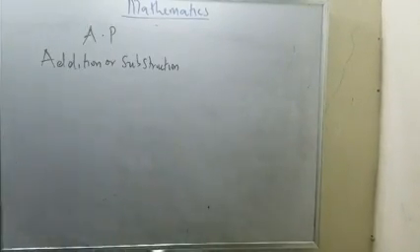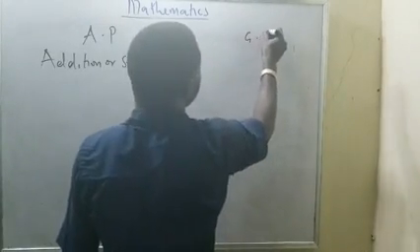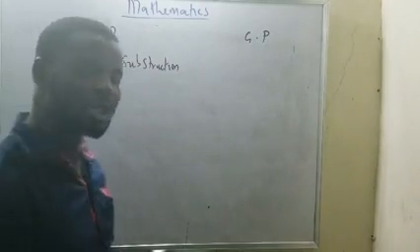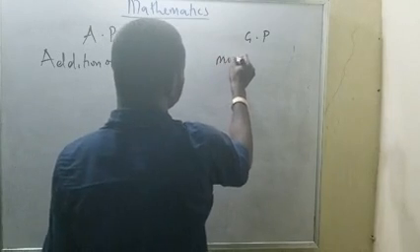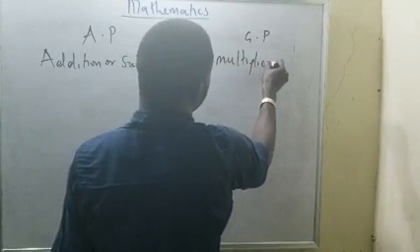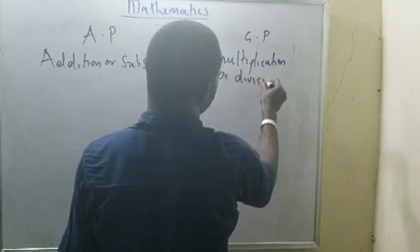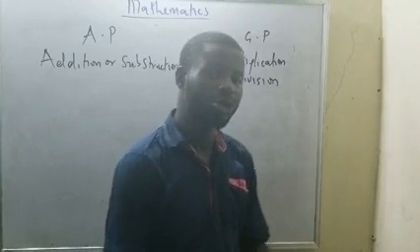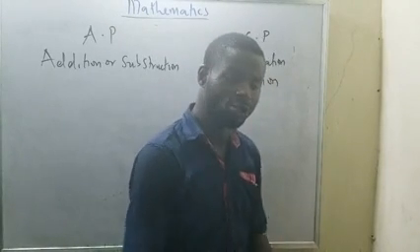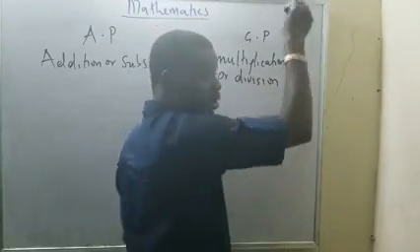Now, we have GP. If it follows multiplication or division, it is GP. If it is multiplication, which is in the form of 2 ratio 1 or 3 ratio 1, the denominator is always 1.